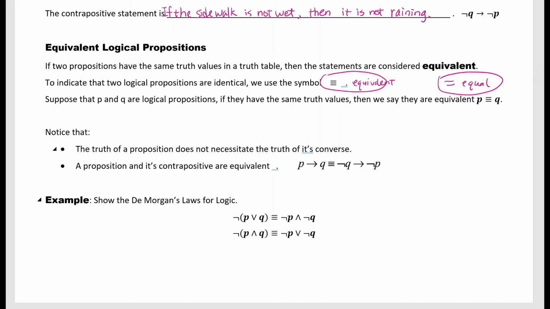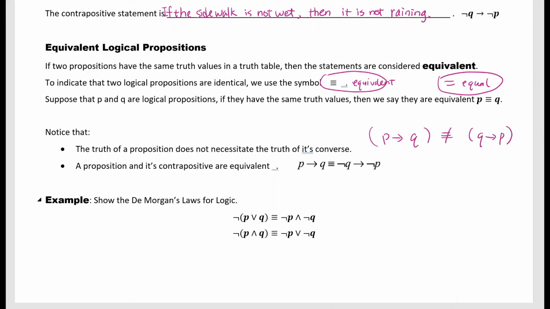Notice that the truth of a proposition does not necessitate the truth of its converse. So if P implies Q is true, it doesn't mean that Q implies P is true.